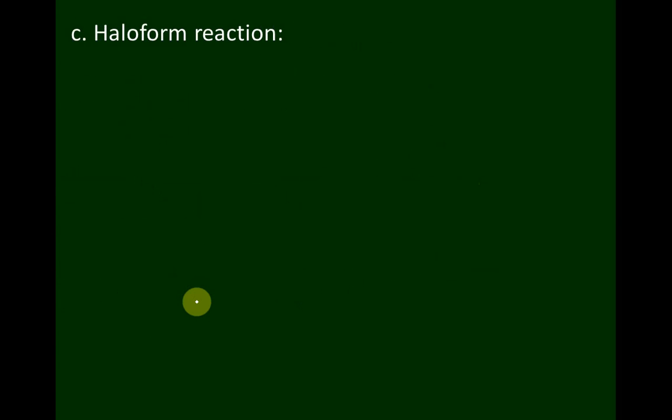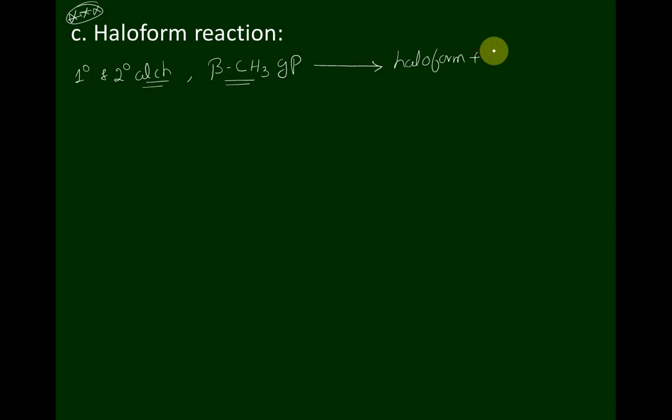Next, coming to the haloform reaction, very important for objective programs. Primary and secondary alcohols which possess a beta CH3 group undergo the haloform reaction to form haloform plus carboxylic acids.